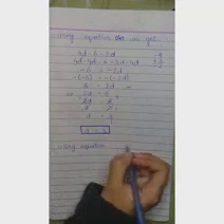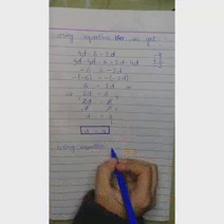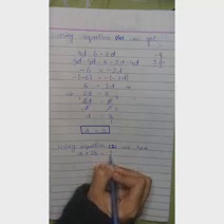Using equation 2, we have the equation 2 will be a plus 2b equals to minus 7.